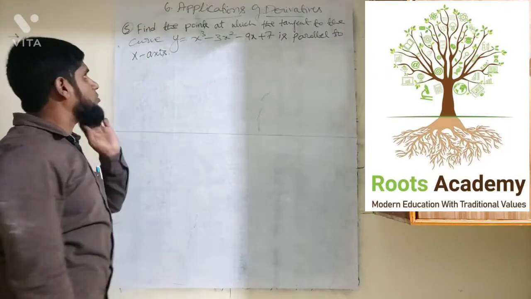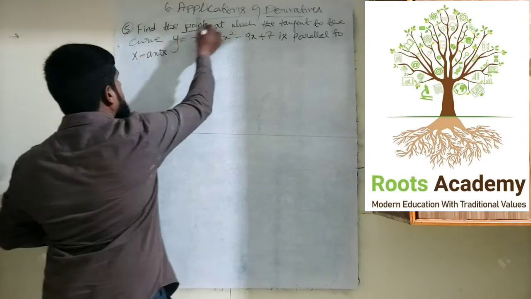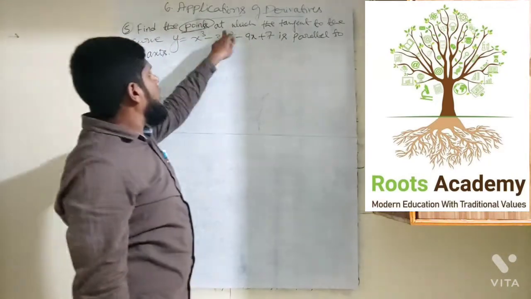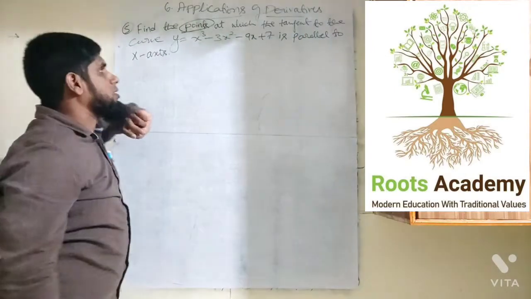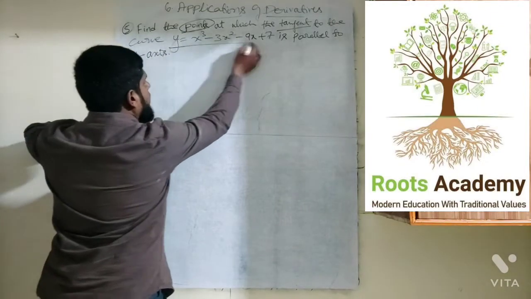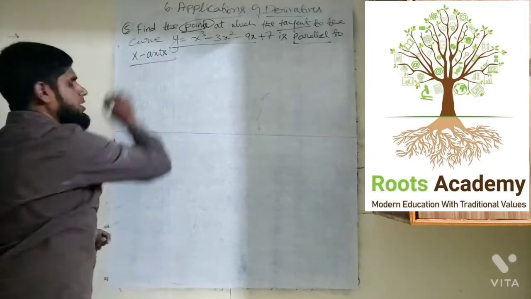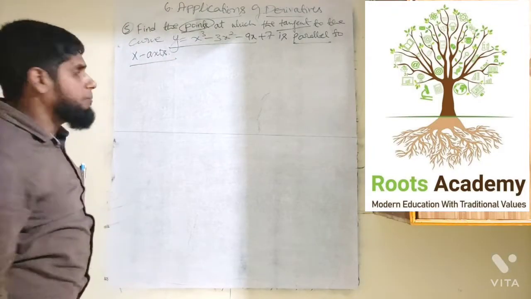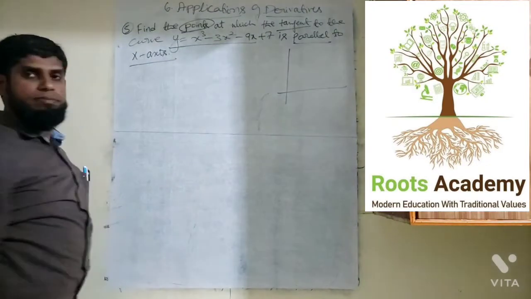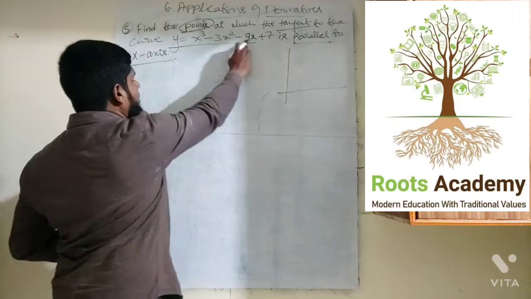Student, very simple question it is. He has given find the points. He is asking us to find a point at which the tangent to the curve is parallel to x-axis. Means if I draw a curve of this function, it is a cubic equation.